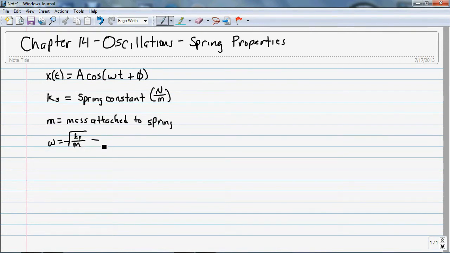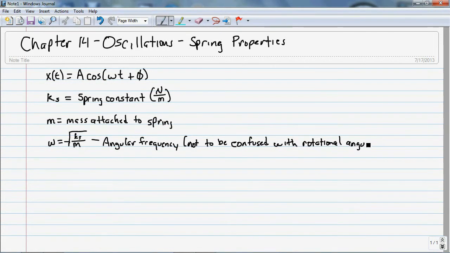This is called angular frequency, and it's not to be confused with rotational angular velocity.